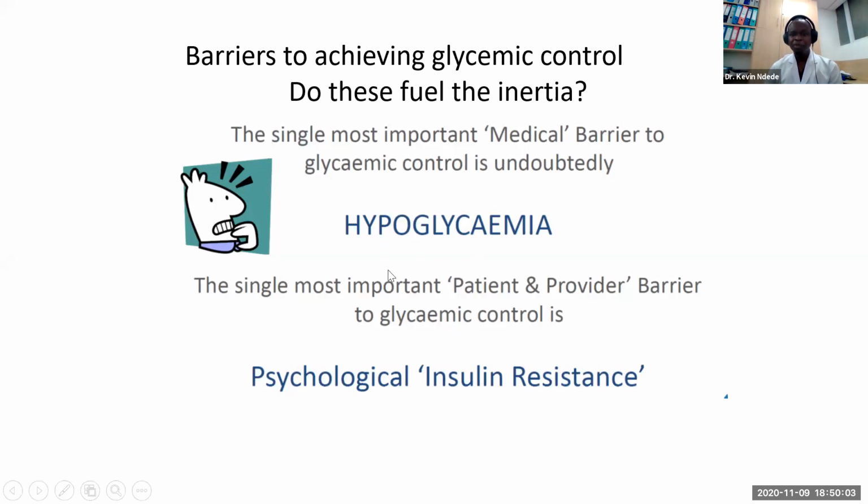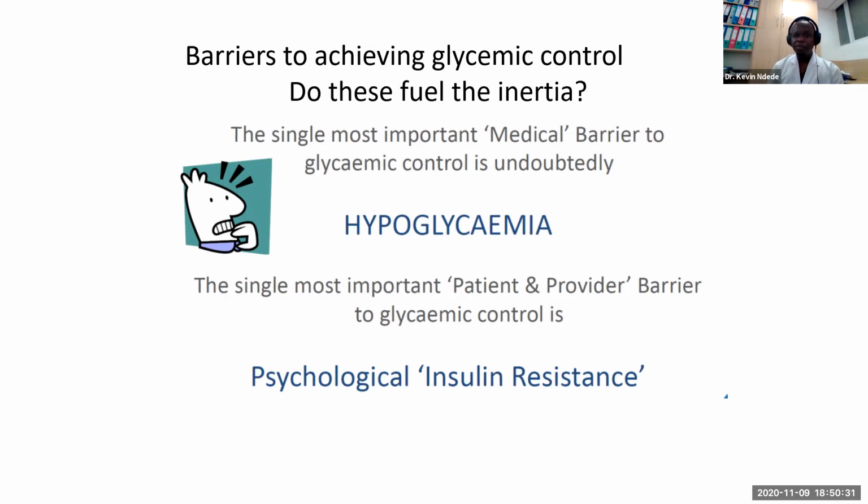Now, the single most important patient and provider barrier to glycemic control is the so-called psychological insulin resistance. We just resist initiating insulin as caregivers, and it is also well documented that patients fear insulin for various reasons that we may not go into within the context of this lecture.